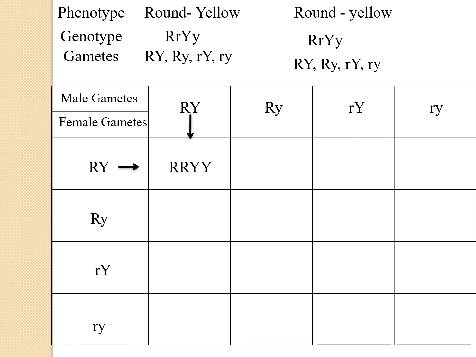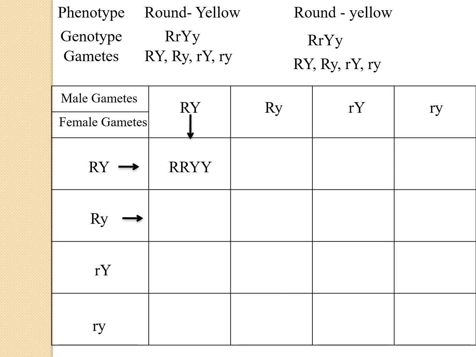You can write capital R, capital Y, capital R, capital Y, or you can write Y first and R later, or R first and Y later. Anyhow, the sequence does not matter. You have to be very careful how many capitals and how many small letters you have. That is what you have to pay attention to. So here I have capital R, capital R, capital Y, capital Y. This is what I have got.